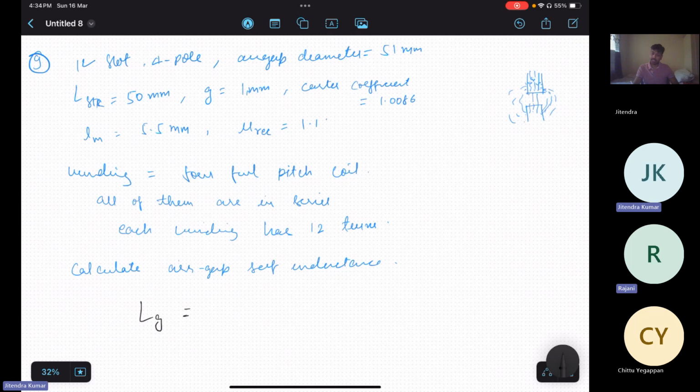This expression is flux into number of turns per phase divided by current.